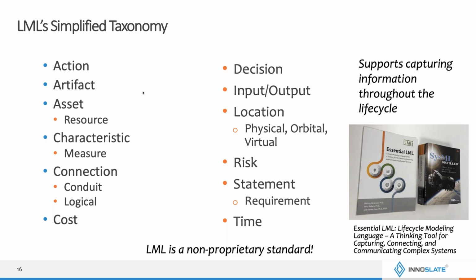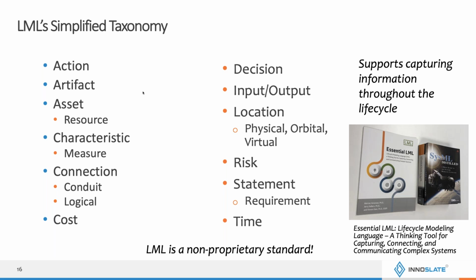So LML has a simple taxonomy. We have the functional class, actions, and the artifact class to capture documents and be a container for statements and requirements particularly. Assets are the physical objects, and then a subclass of that is the resource. Resource modeling is a critical item in any kind of functional analysis, as you'll see.